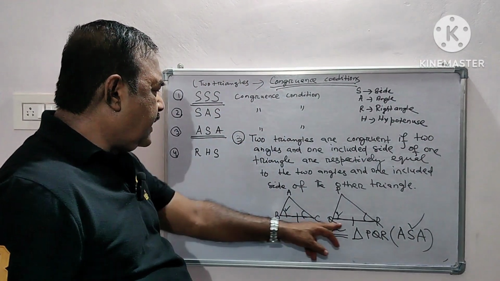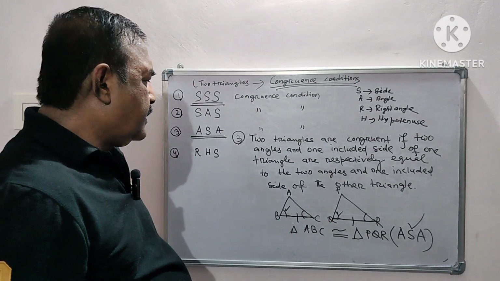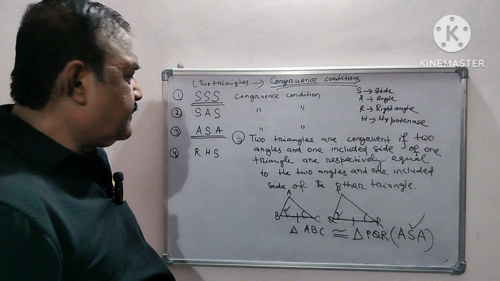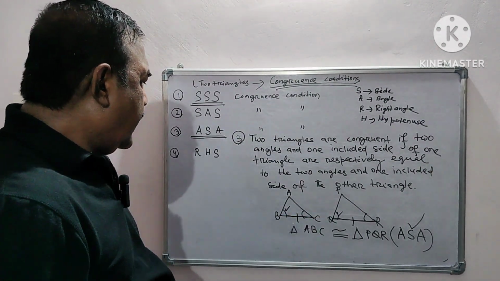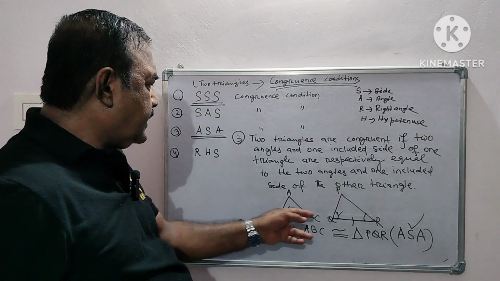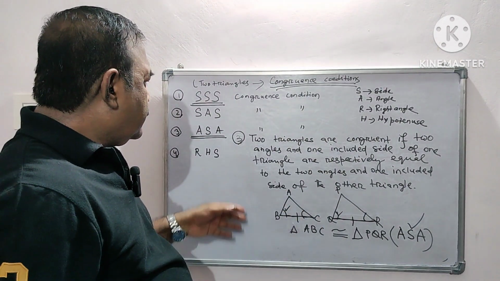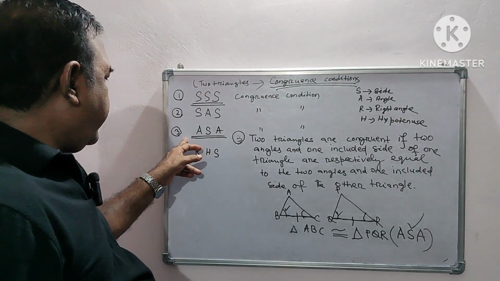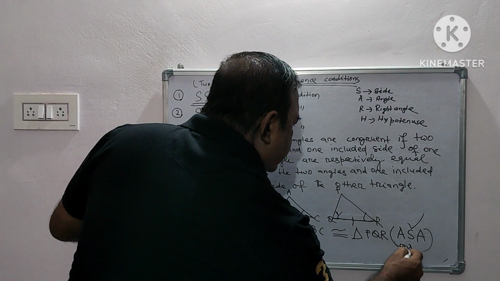This BC here, and here it is QR. Both BC and QR, they have the same length. And angle B and angle Q have the equal measure, like that of C and R, they have the same measure. So this is case 3 and ASA congruence condition.